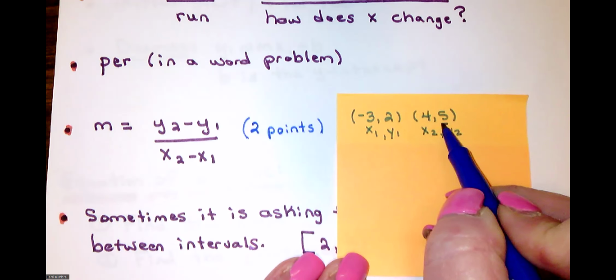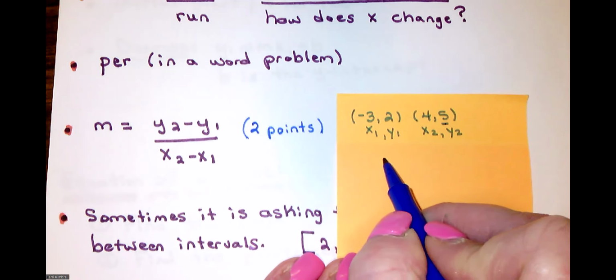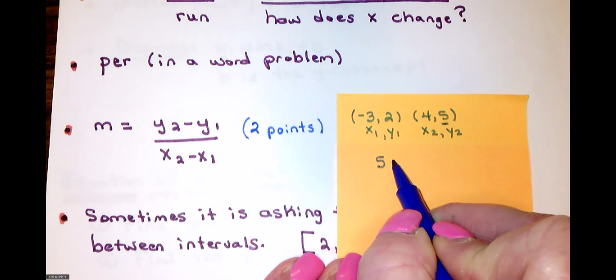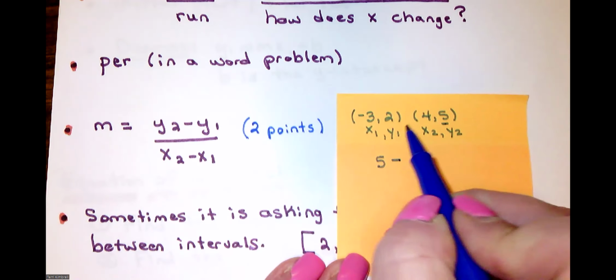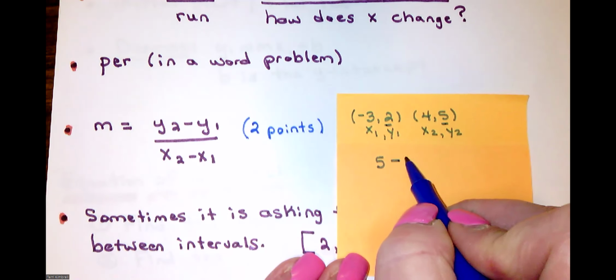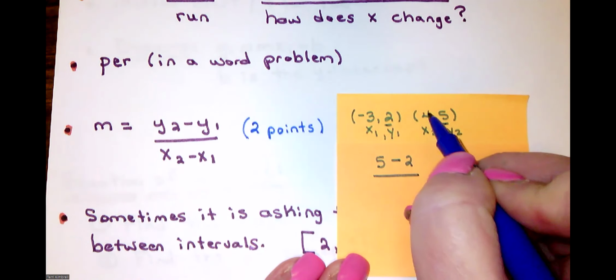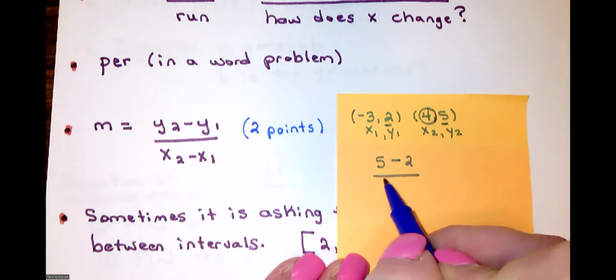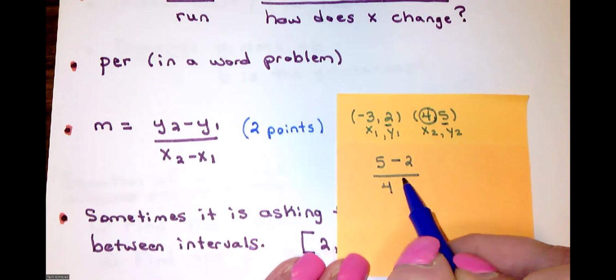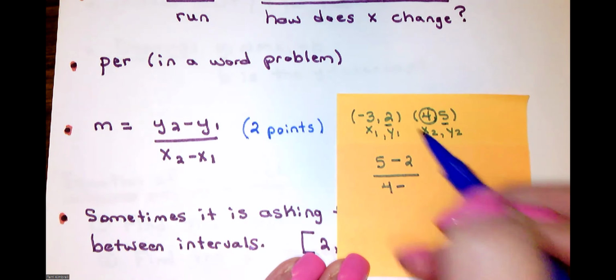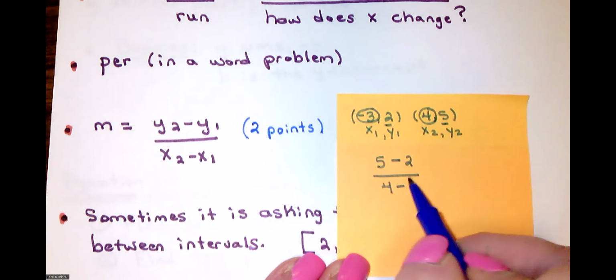So you're going to start with y2. So it's going to be 5, and you're going to put a minus sign. Then you're going to do y1, which is 2. Then you're going to go to your x2, which is a 4. You're going to put a minus sign, and you're going to put -3.